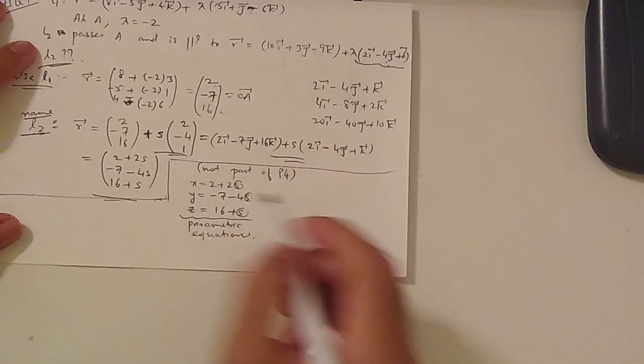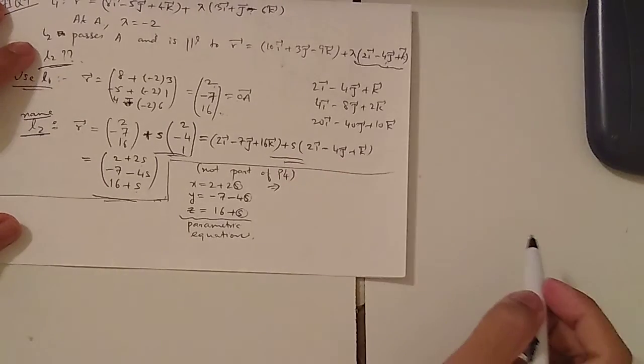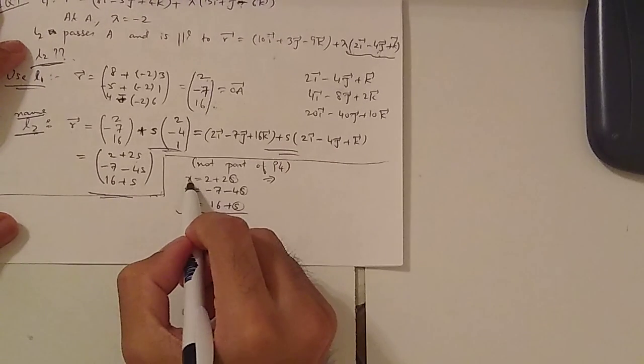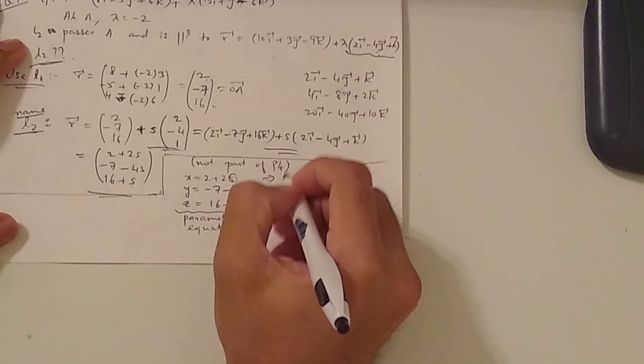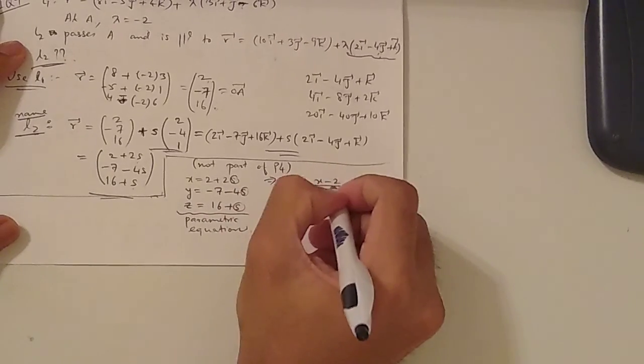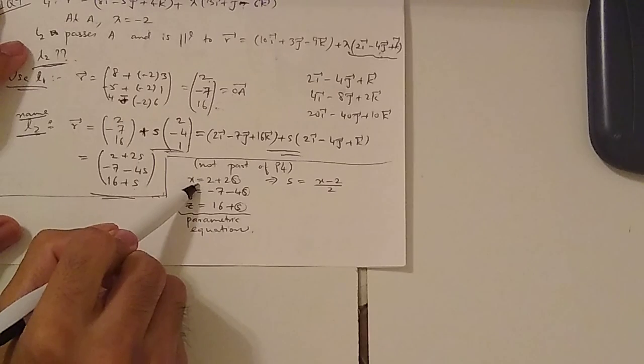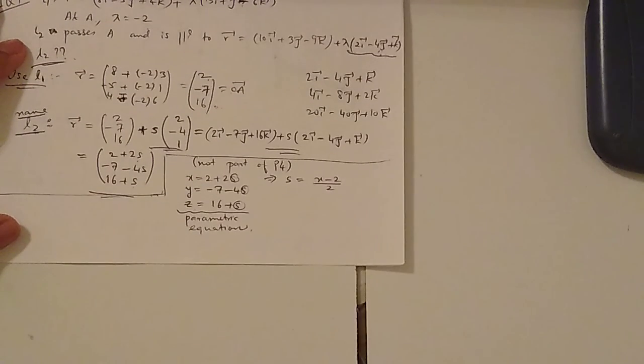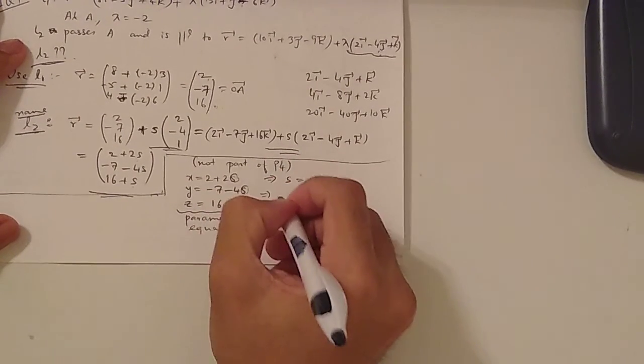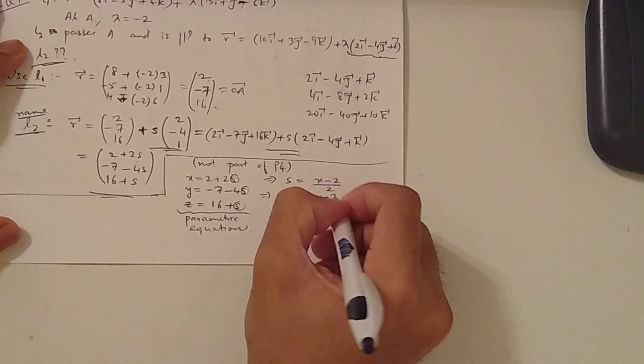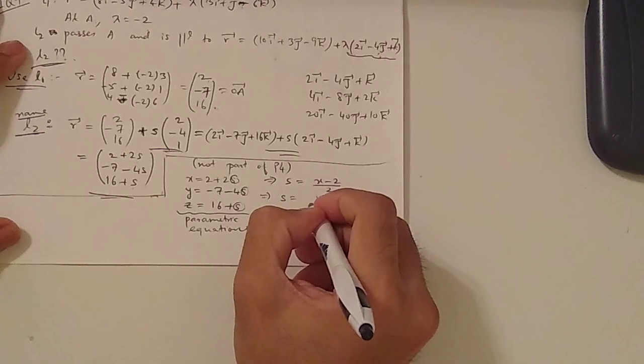From the first expression, if we rearrange this, we get (x minus 2) divided by 2 is equal to s. We took 2 to the other side and then divided the entire thing by 2. From the second one we get s is equal to (y plus 7) divided by minus 4.